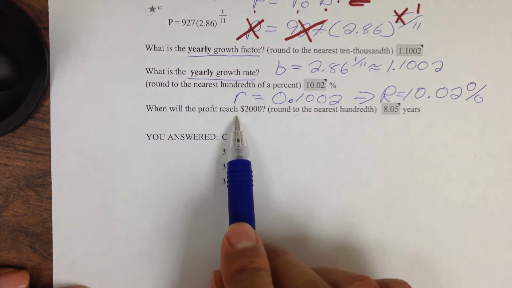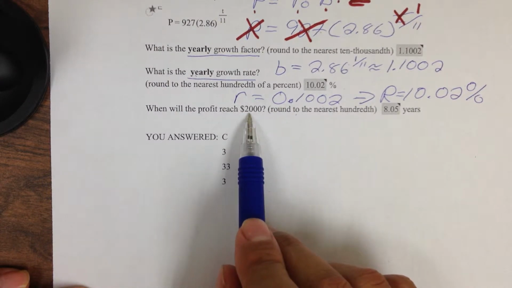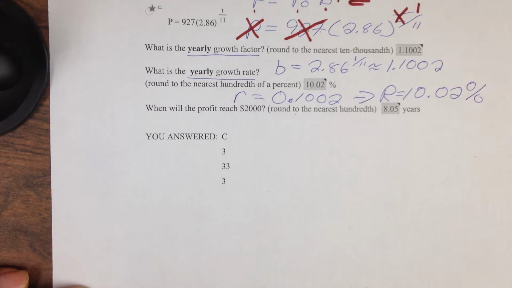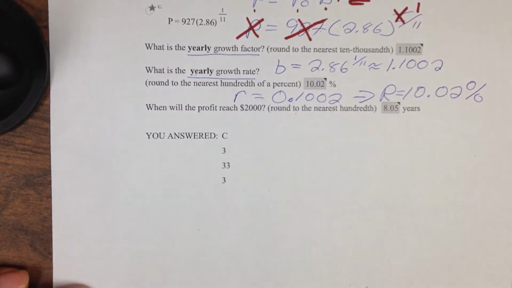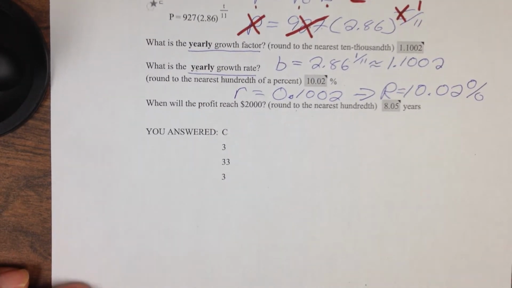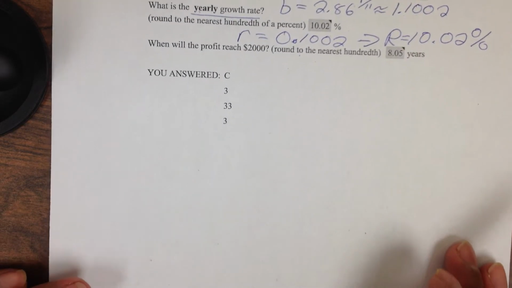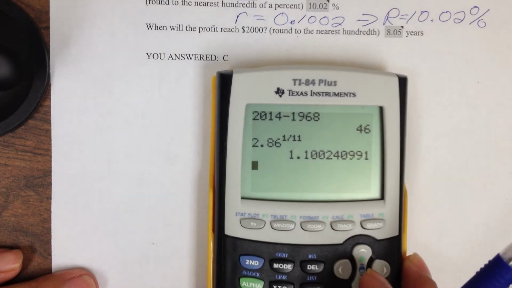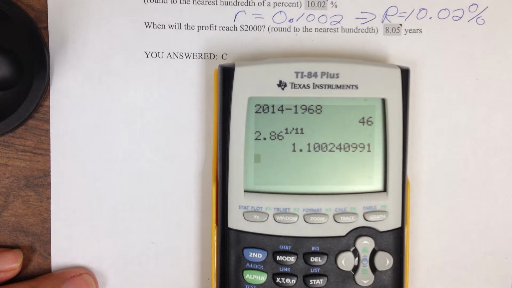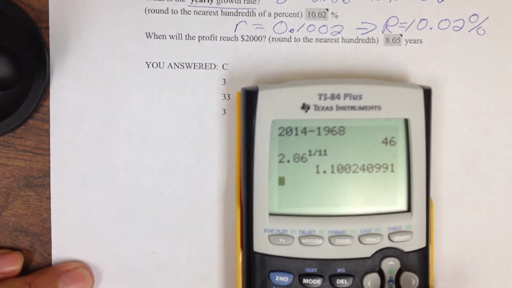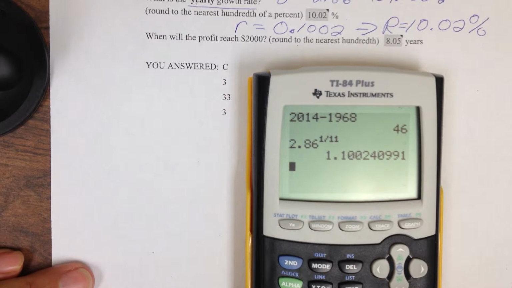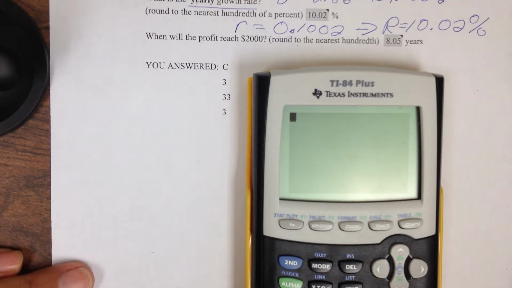Last question, when will the profit reach 2,000? Now I'm going to use my calculator to get this answer. So we're going to use a graphical technique. So we want our profit to be 2,000. I'm going to plug the formula in. There are two ways you can plug the formula in. In this format, which is the exact format, or we can use this format since we know B is 1.1002.